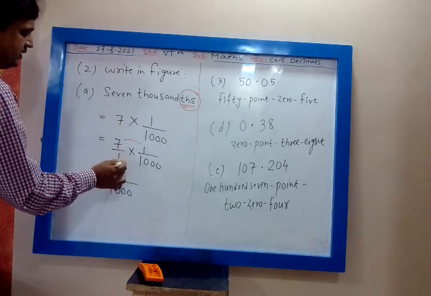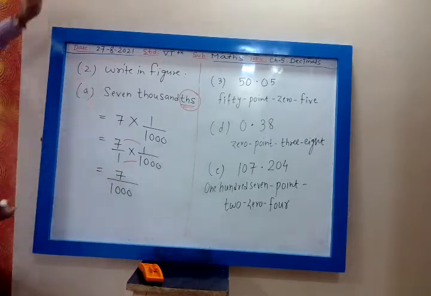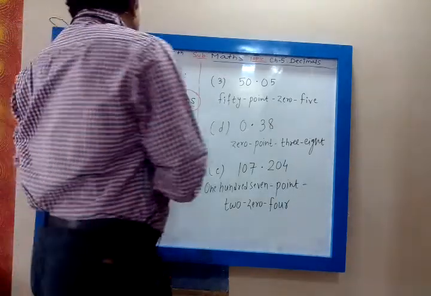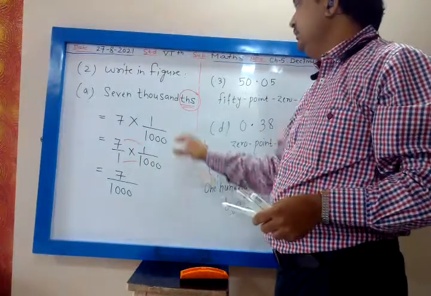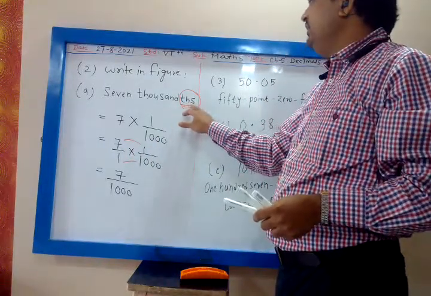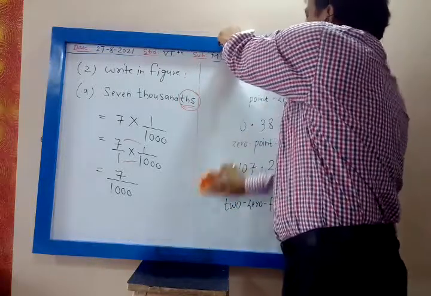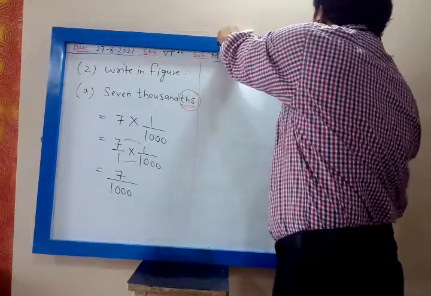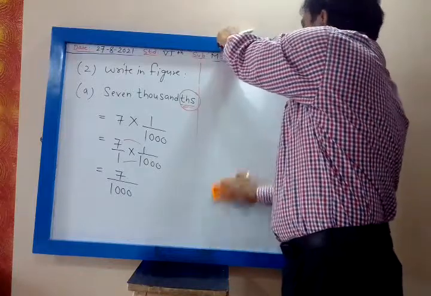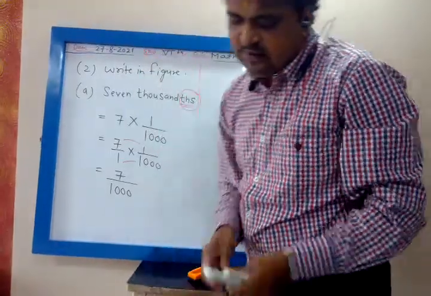Multiply numerator to numerator, denominator to denominator. So that will become 7 upon 1000. Okay. See, you have to see the suffix. THS means 1 upon 1000. If it is thousands, the suffix is S, then it is 1000. No need of that. This is the answer.